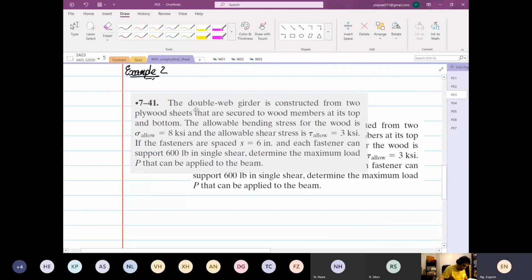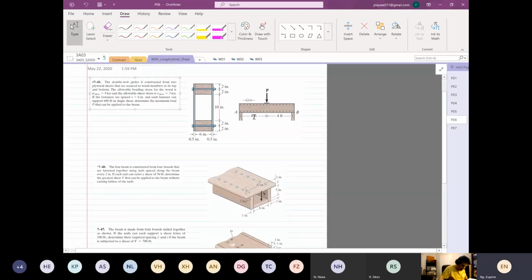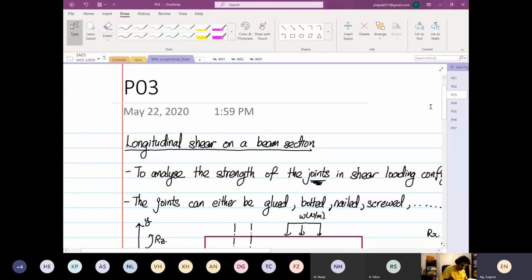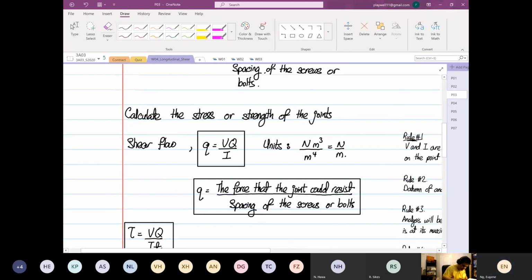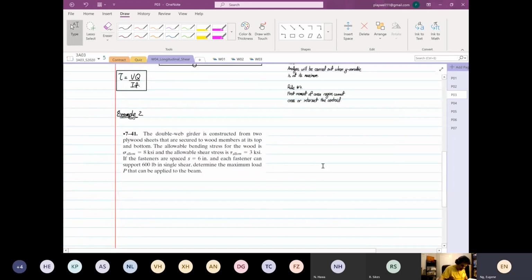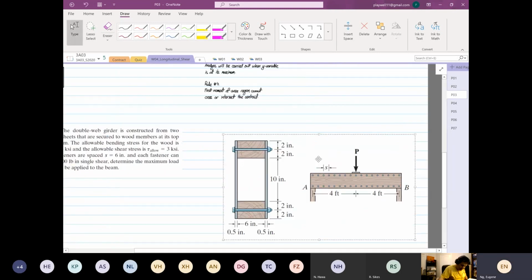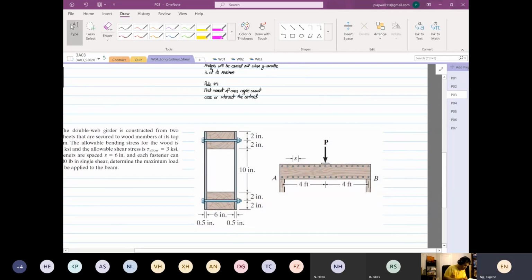And then I'm going to draw the longitudinal view and the cross-section view. Right. So we have a double web.